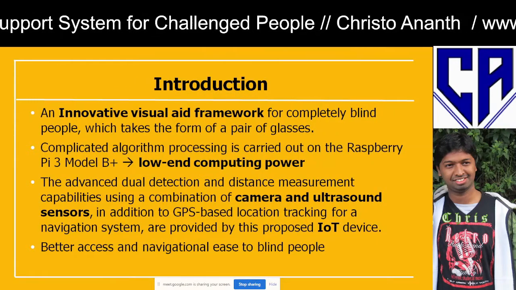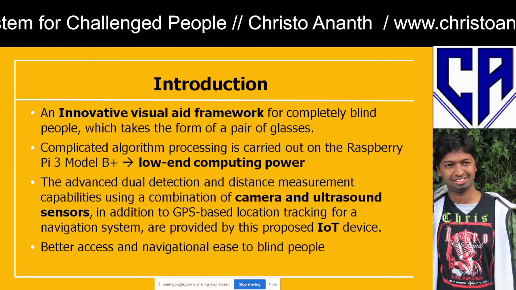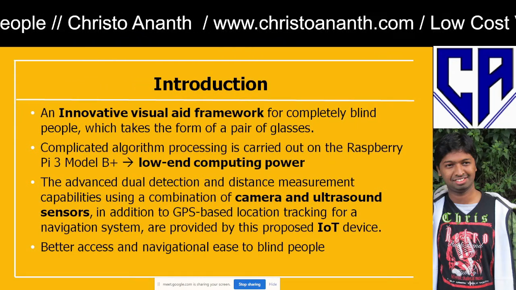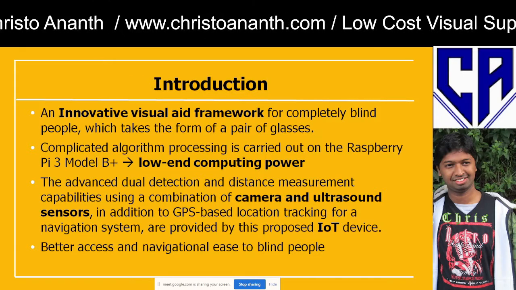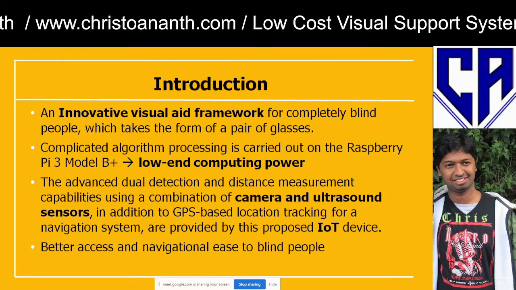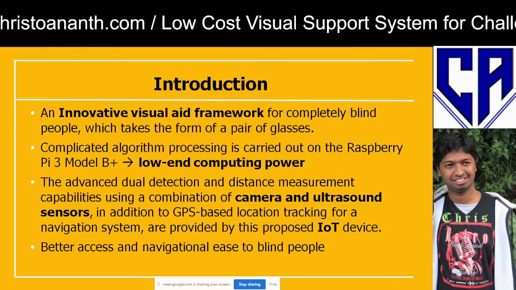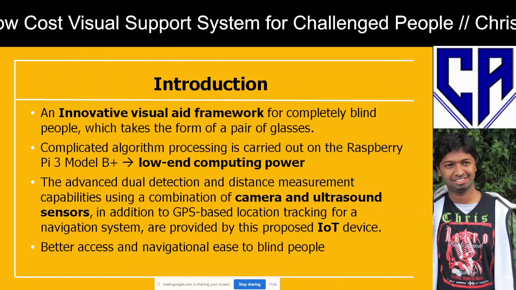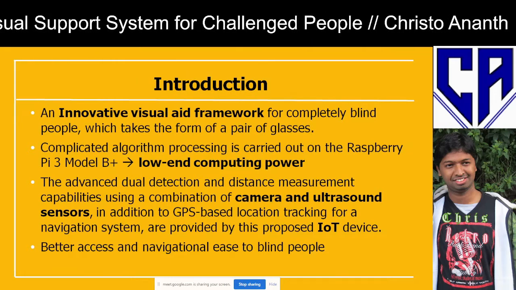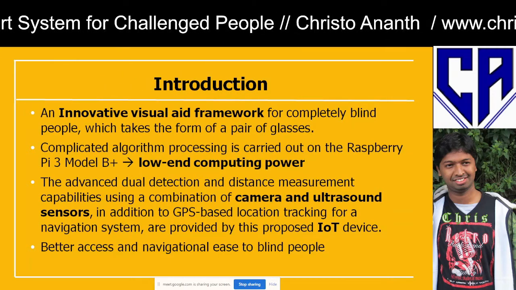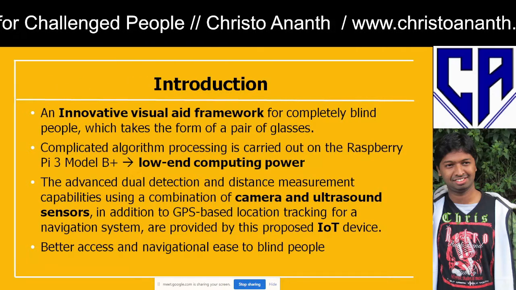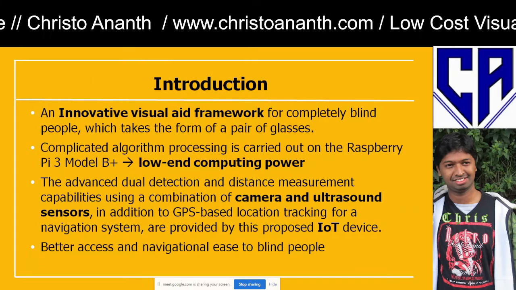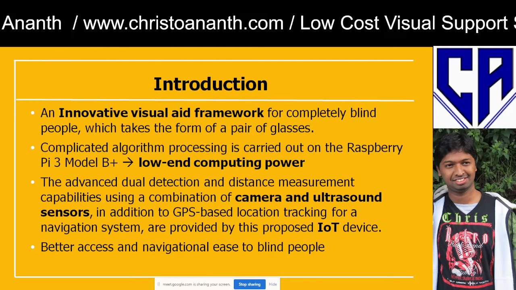So this is the introduction. With this proposed framework, this is basically an innovative visual aid framework. So definitely it is going to aid or support blind people, and it takes the form of glasses. Okay. So we have a complicated algorithm processing which is going to consume low-end computing power. So here we are going to use Raspberry Pi 3 Model B Plus. So definitely we will have the advantage of advanced object detection and distance measurement capabilities.